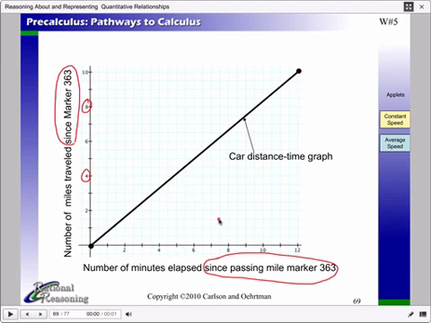Okay, so let's just quickly. We didn't have time to get to the big point here. If the truck passed you at 363 and then you passed the truck at 373, what was the distance of the truck compared to your distance in those 10 miles?